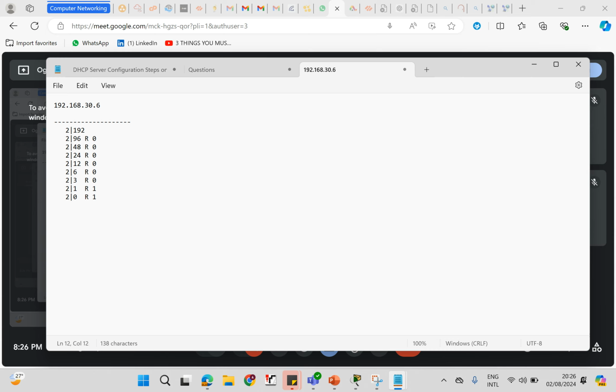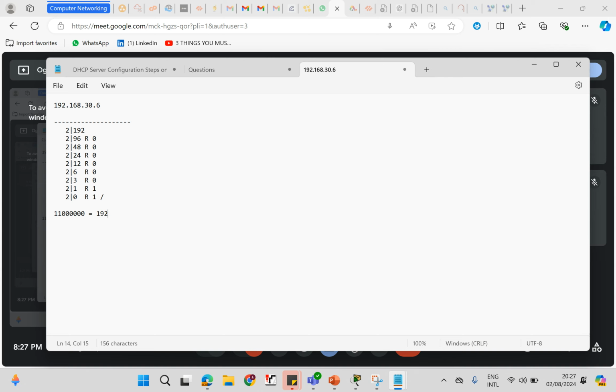So we now write it up. That will be 1 1, then how many 0s? 1 2 3 4 5 6. That would be base 2. So this is 192 in base 2, in binary.